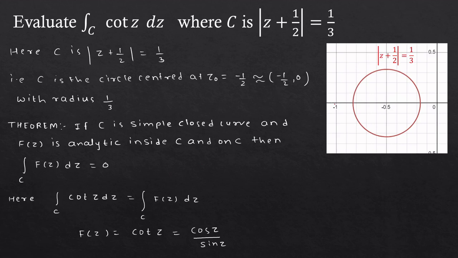That means f of z is analytic inside the circle C, and on the boundary also.